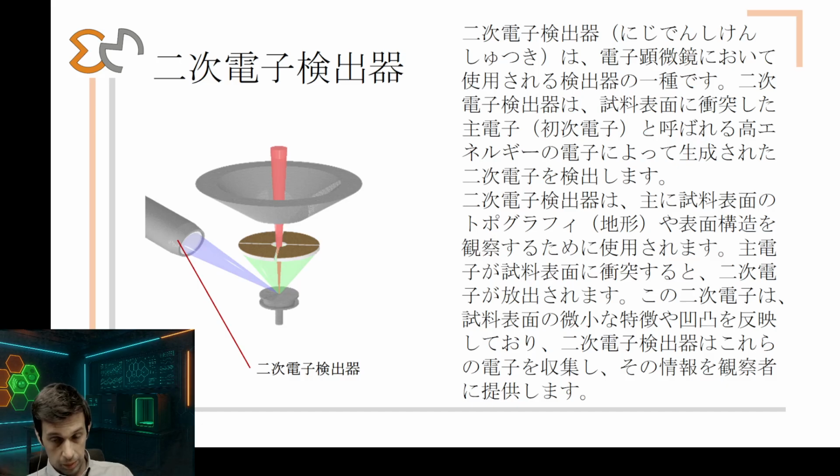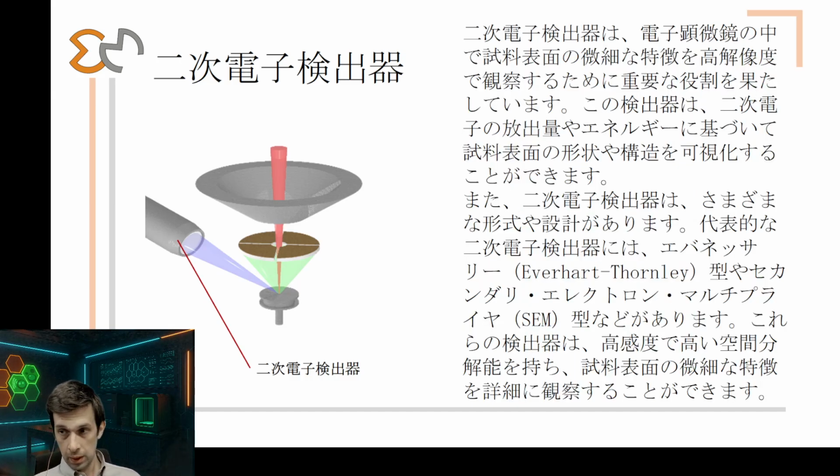And this is interesting because it depends on how the surface is oriented, how the electrons bounce back. The secondary electron is emitted back from the surface. It's not actually the primary that is bounced, but it's the secondary that is generated. And depending on the orientation, they might or might not hit the detector. This generates images that have a good three-dimensional look. That's why they are used for analyzing the surface of the samples.